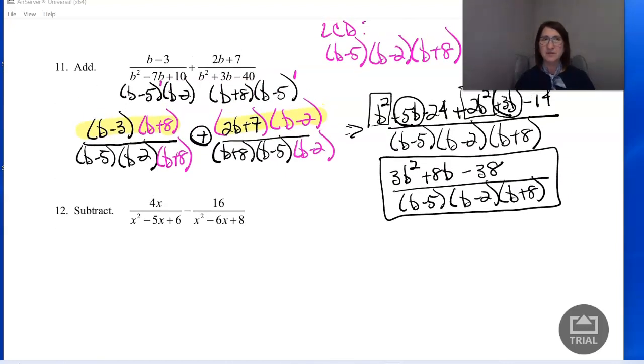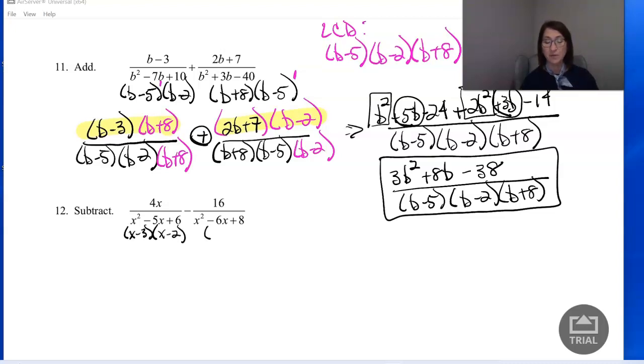Okay, so for number 12, we're going to start with factoring our denominators. So that is going to be x minus 3, x minus 2.